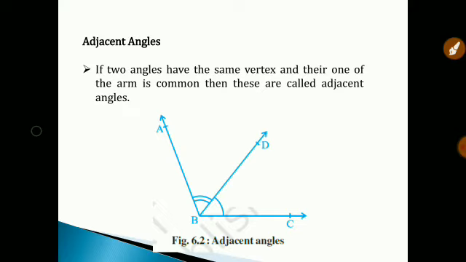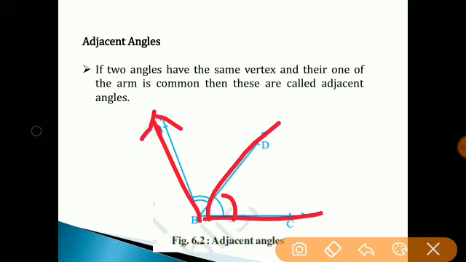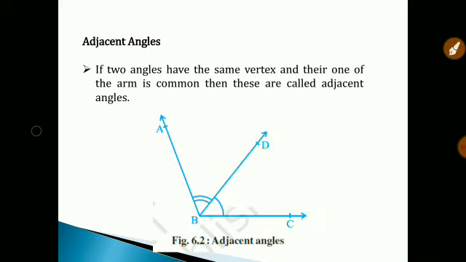Next one is adjacent angle. If two angles have the same vertex and one of the arms is common, then these are called adjacent angles. We can say that here one angle is here and another is here. Now the common arm is D. So this is called an adjacent angle.